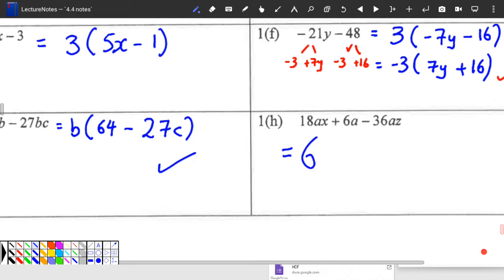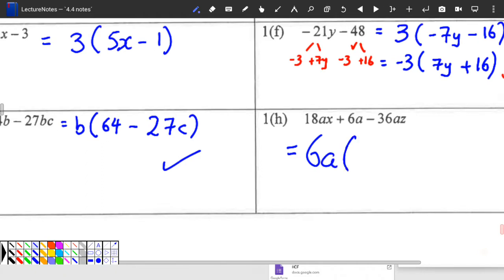A. So I take out A. Ifa, tell me what is left inside the bracket. 3x plus 1 minus 6z. Excellent. So this is correct. So all clear?